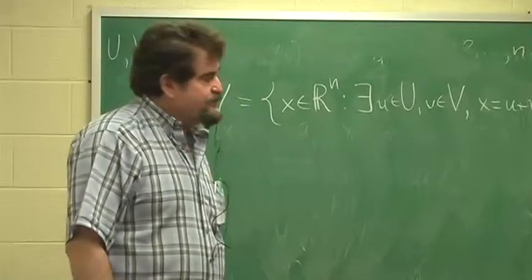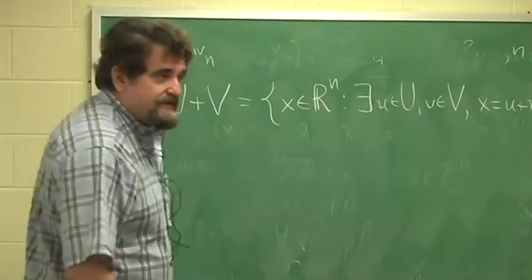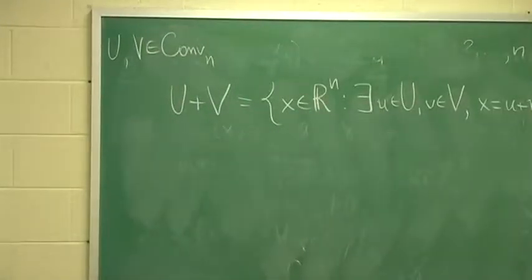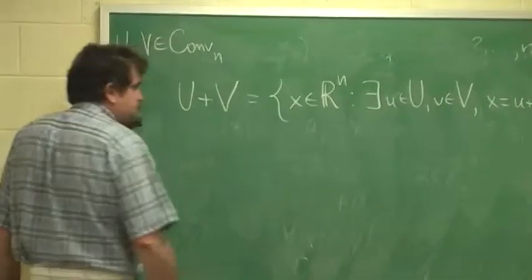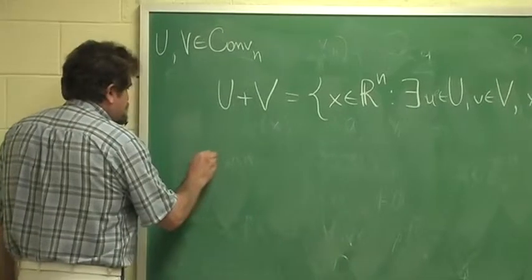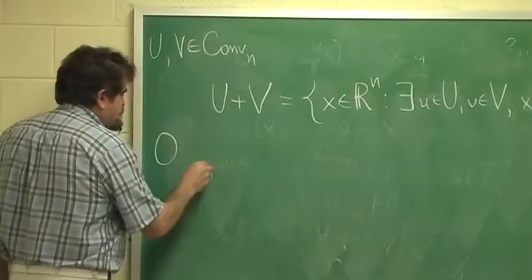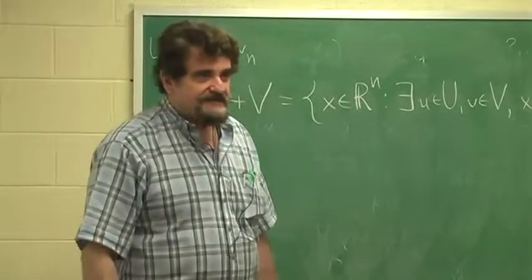Definitely one has to prove that U plus V is convex. Homework. Prove that U plus V is convex. A couple of simple exercises. 0 is the convex body consisting of the single point 0. Nothing else.